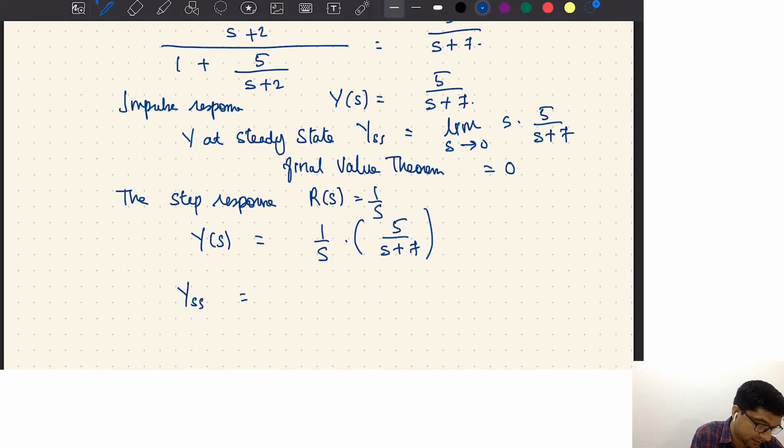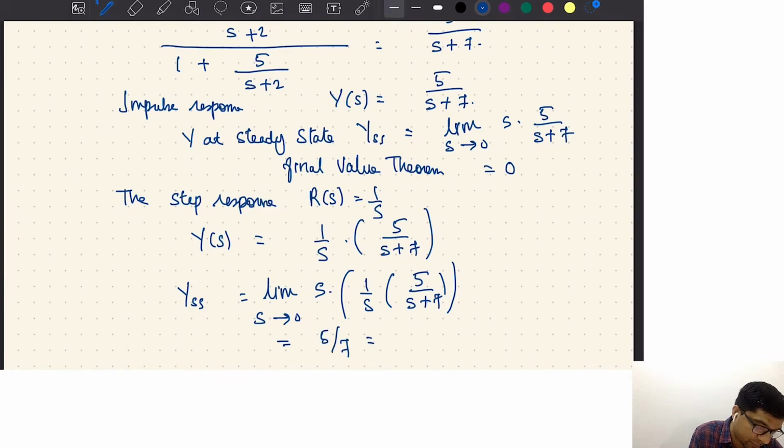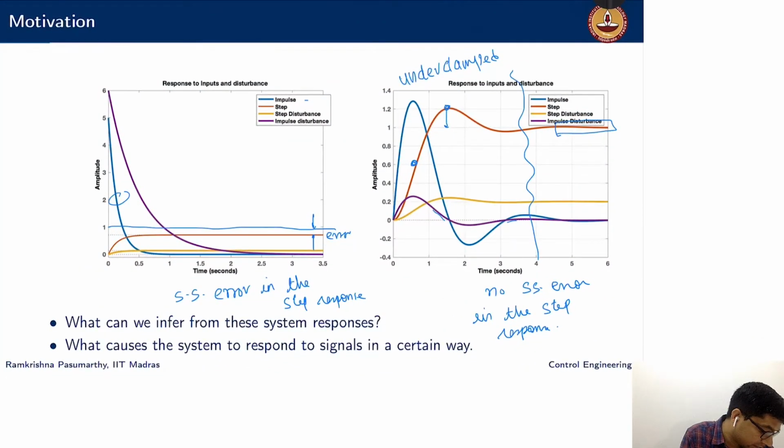Y at steady state, I will still do the final value theorem: limit S going to 0, S times Y of S, which is 1 over S, 5 over S plus 7. So I do all the math, and this will just be 5 over 7, which is something like 0.714, and whatever the rest of the decimals are. Okay, let's go back to the plot. If you look at this plot here, this is my steady state, right? This is actually like 0.714.